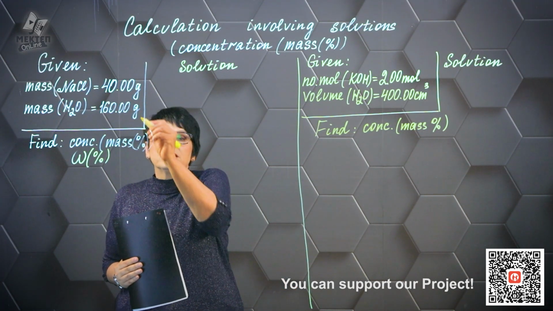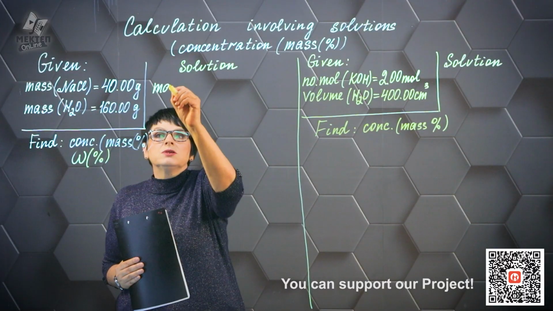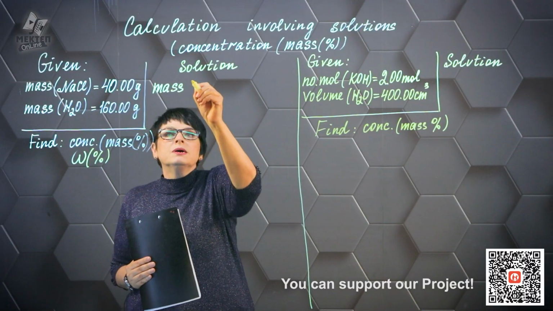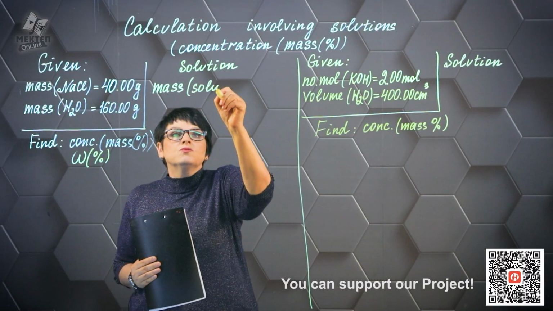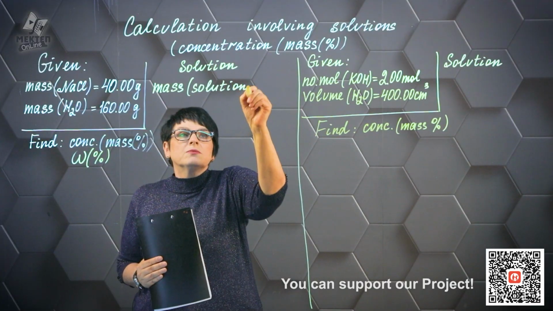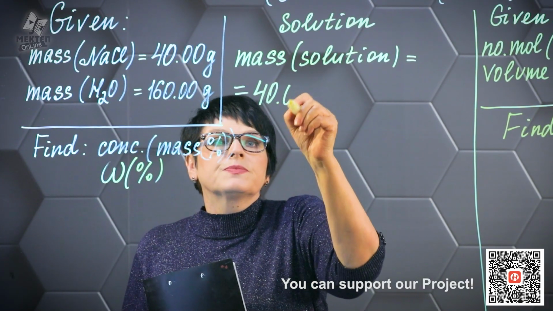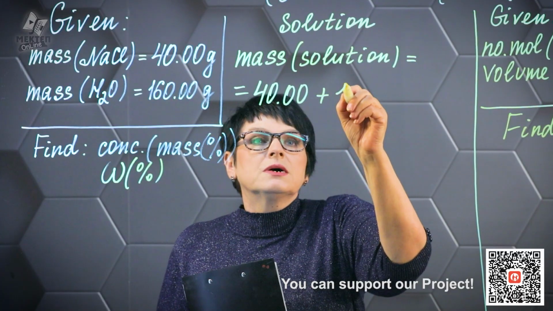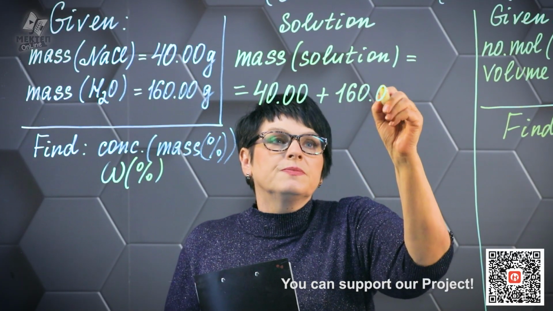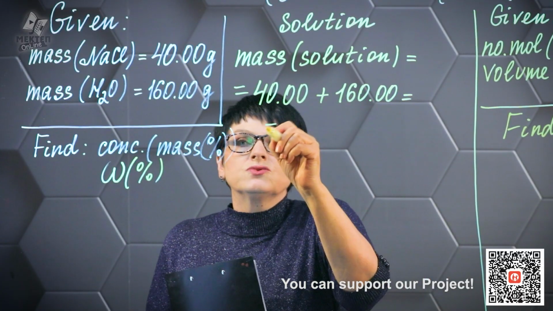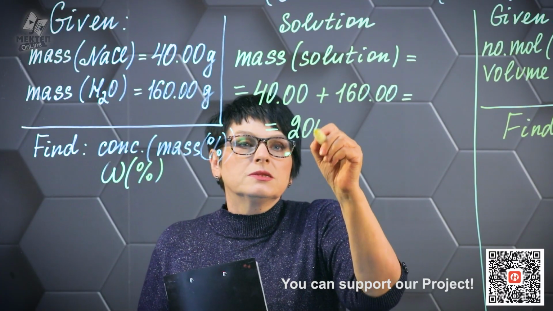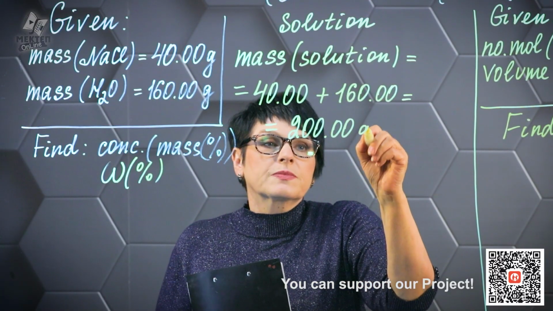Since we are not given the mass of the solution, we need to find it. To find the mass of the solution, we need to add up the mass of the dissolved substance and, respectively, the mass of the solvent. As we understand in this case, the mass of the solution will be 200 grams.